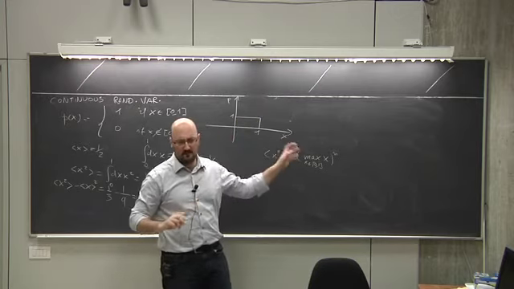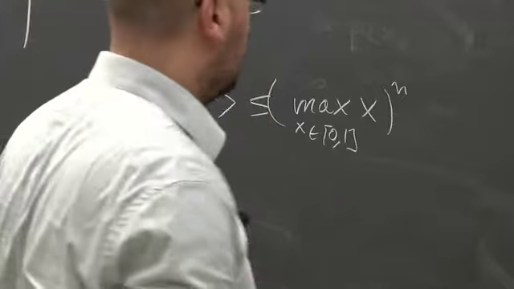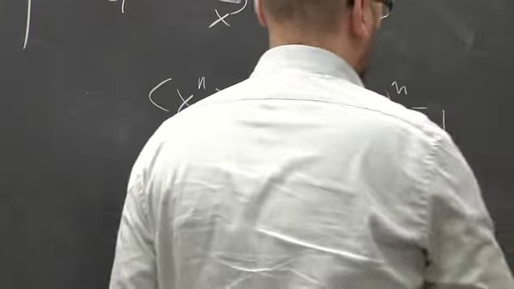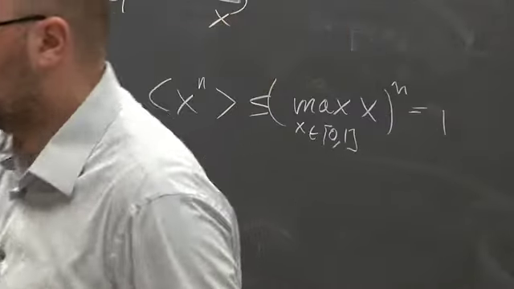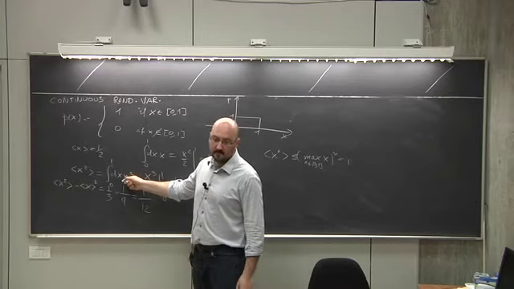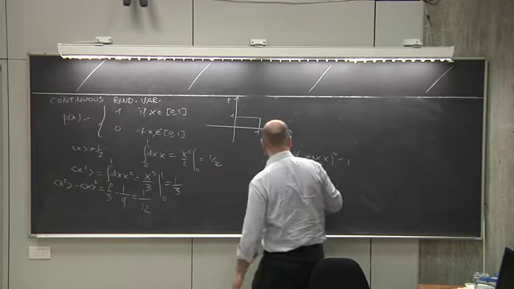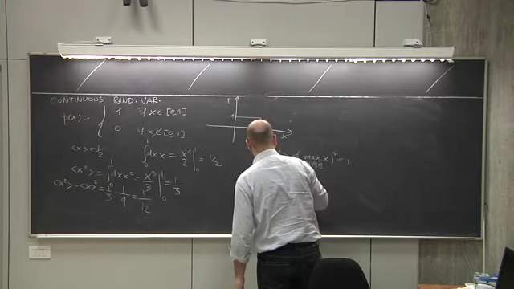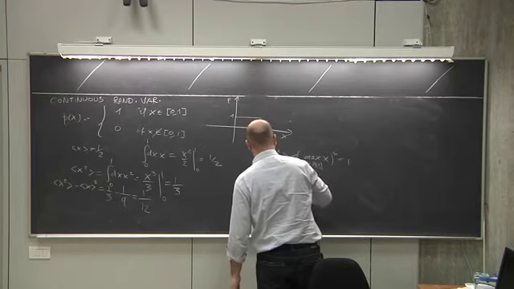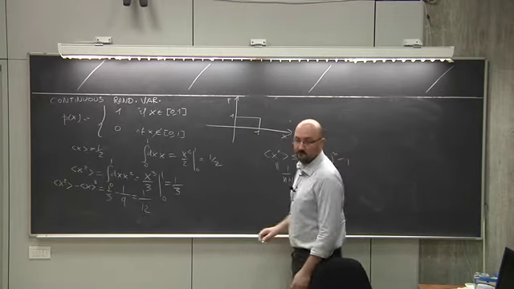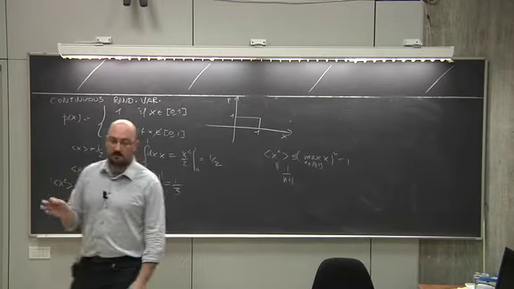This is for positive x. So this is 1. And in fact, if you do the calculation, it's very easy. It's just put n here. So the integral is 1 over n plus 1. So this goes like 1. This is equal, actually, 1 divided by n plus 1. So it goes to 0.